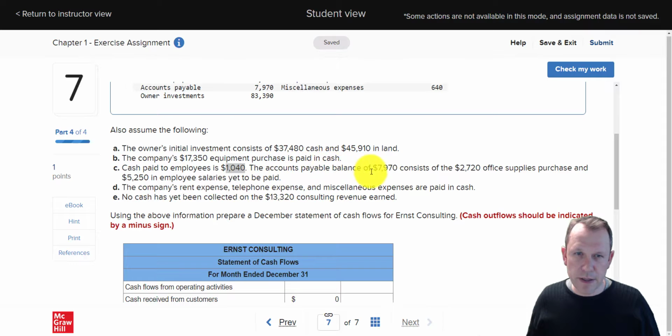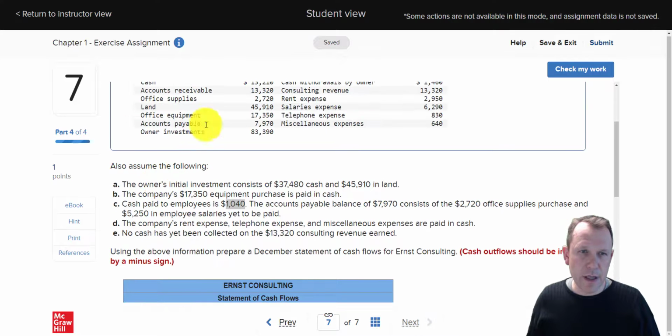Accounts payable balance consists of, so this is things we need to pay for, liabilities, right? $2,720 office supplies purchase, and $5,250 in employee salaries yet to be paid. Okay, so that is going to be in our payables, right?